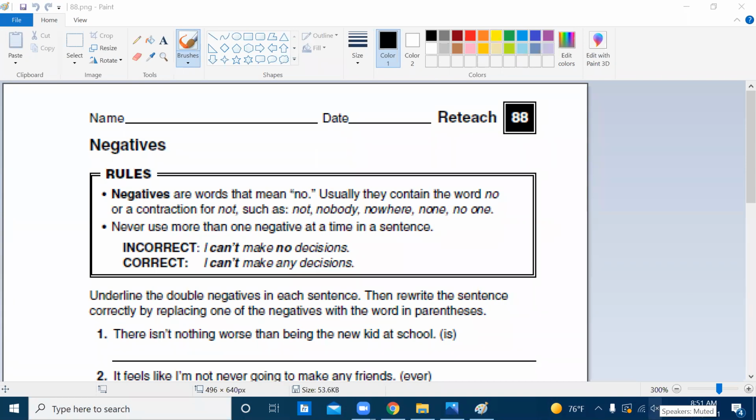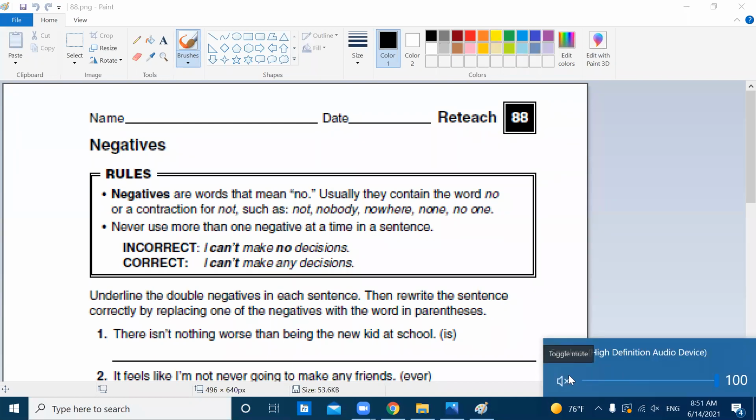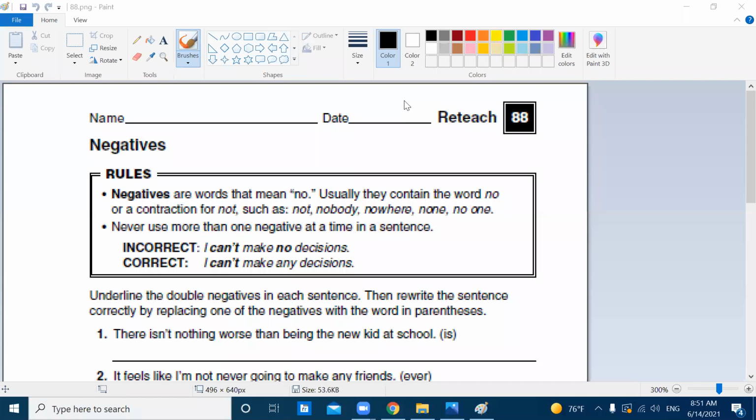Negatives are words that mean no. Usually they contain the word no or a contraction for not, such as not, nobody, nowhere, none, no one.